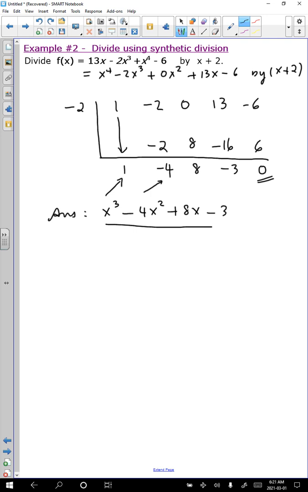So that's your answer. Okay, so it has to be degree 3 because you're dividing x to the power 4 by x to the power of 1. So your answer should start with x to the power of 3. So you have the answer very quickly using synthetic division.